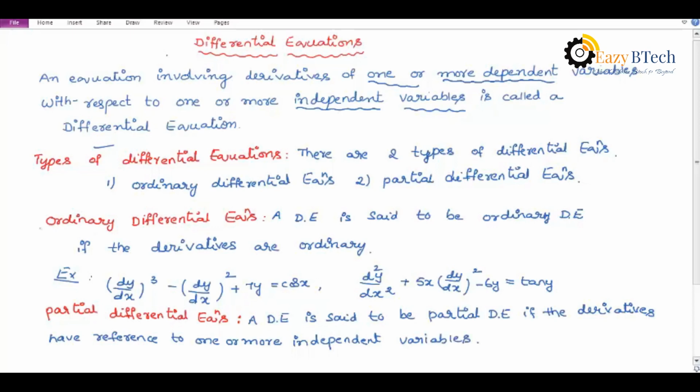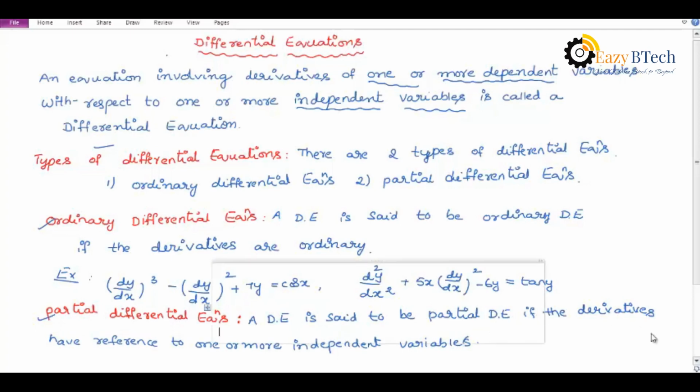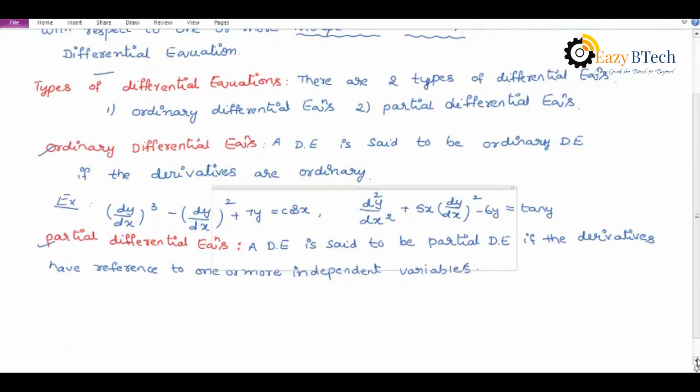So an ordinary differential equation means consisting of ordinary derivatives. A partial differential equation is one in which the derivatives have reference to two or more independent variables. An example of a partial differential equation: ∂²y/∂x² is equal to 1/c² ∂²y/∂t².